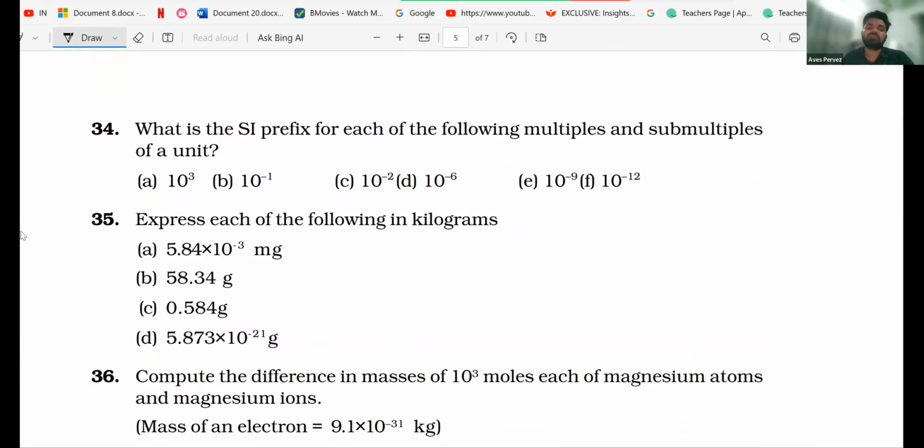What is the prefix for each of the following multiple and submultiple units? 10 raised to the power 3 means kilo. Okay. 10 raised to the power minus 1 means?